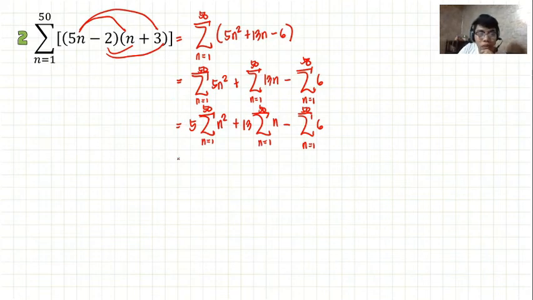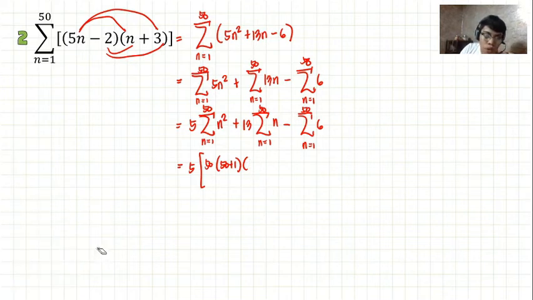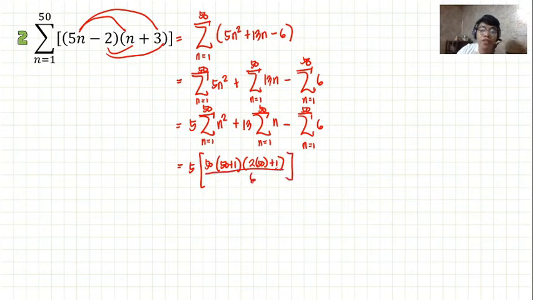Our n here is 50, so we will now have 5 times the quantity 50 times 50 plus 1 times the quantity 2 times 50 plus 1, all over 6. Okay, that is for the first term only.